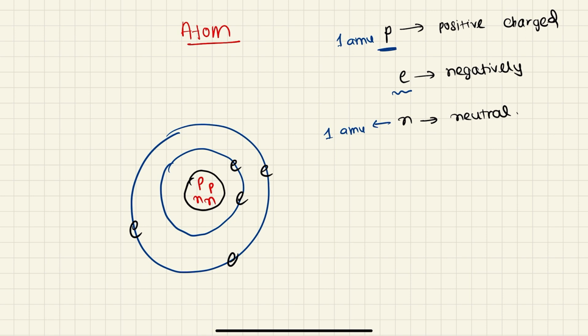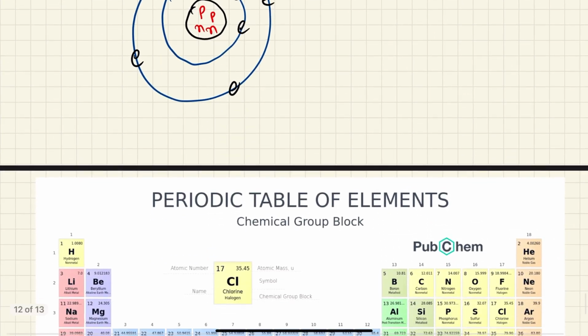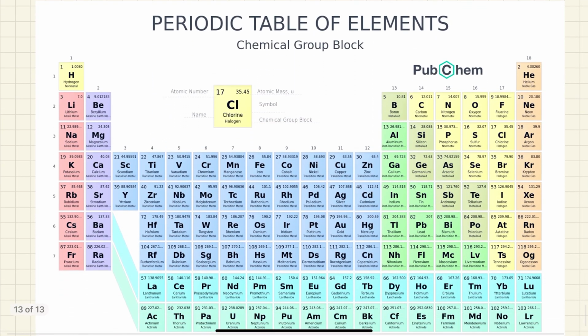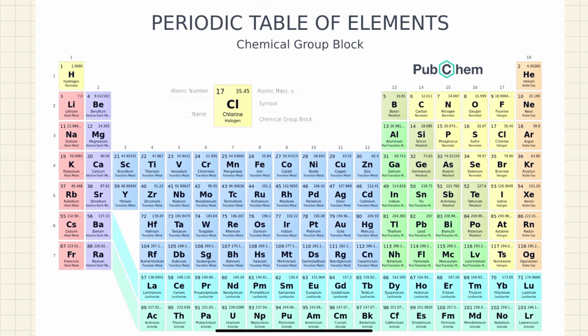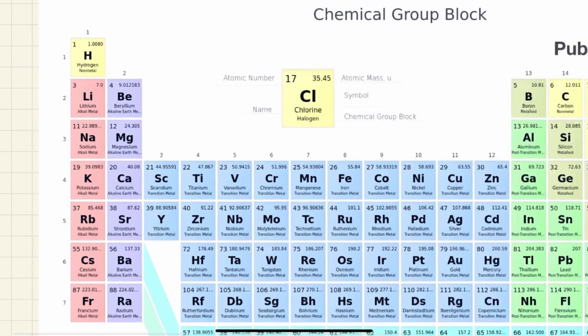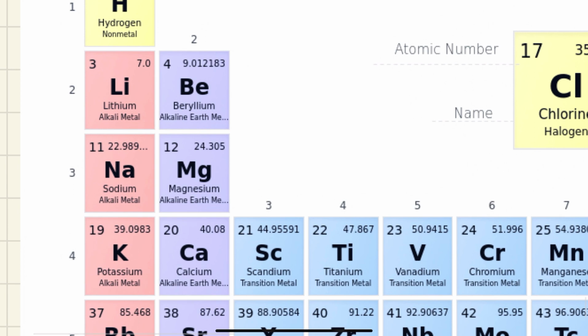Okay, now that we have learned the different subatomic particles, let's see how we tell how many electrons, protons and neutrons an element has. Let's look at the periodic table and pick an element. Let's take sodium here.